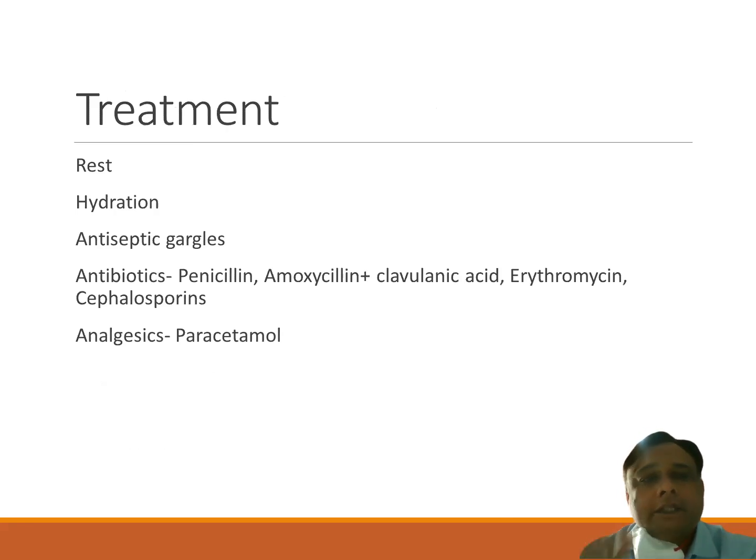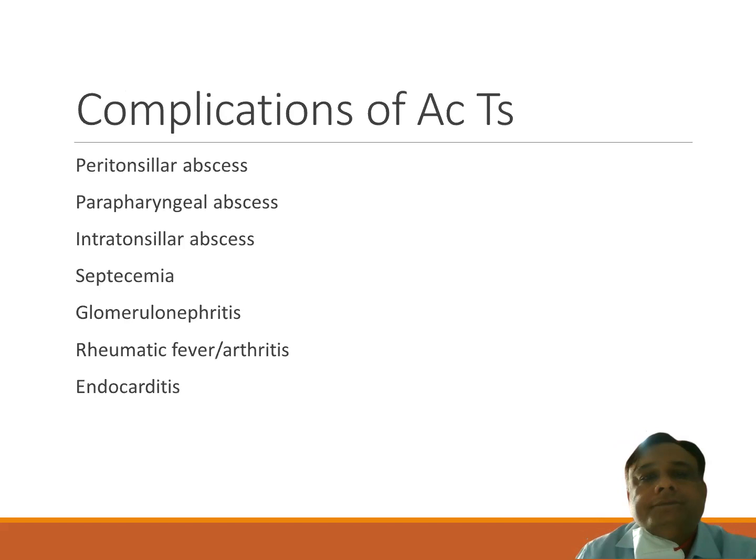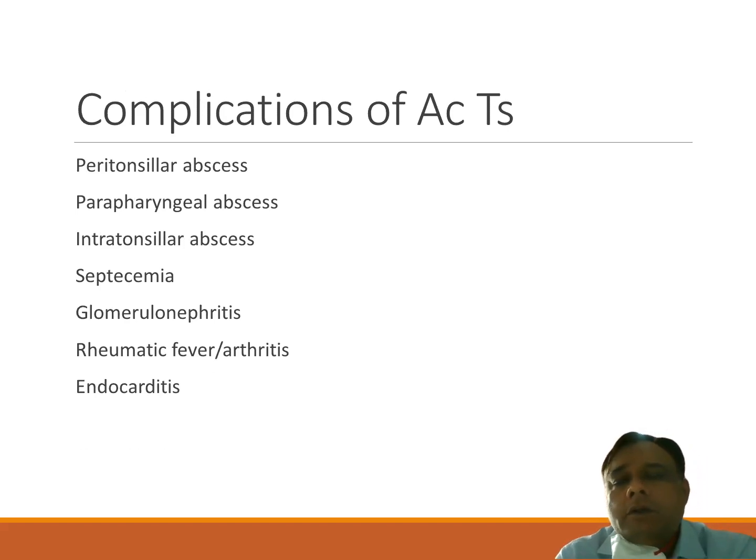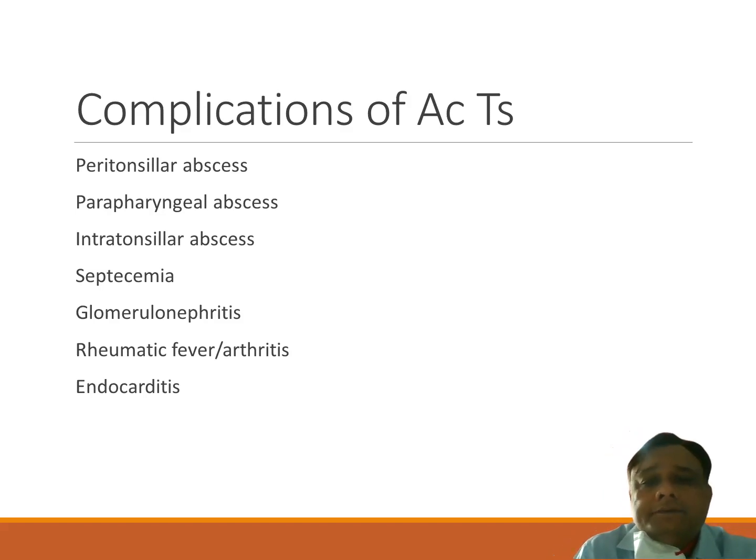The mainstay of treatment is rest and hydration along with antiseptic gargles and antibiotics, mainly the penicillin group or macrolides, and analgesics such as paracetamol or NSAIDs. Complications of acute tonsillitis can be peritonsillar abscess, parapharyngeal abscess, intratonsillar abscess, septicemia, glomerulonephritis, rheumatic fever or arthritis, and endocarditis.